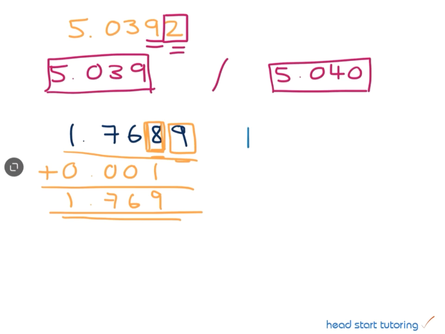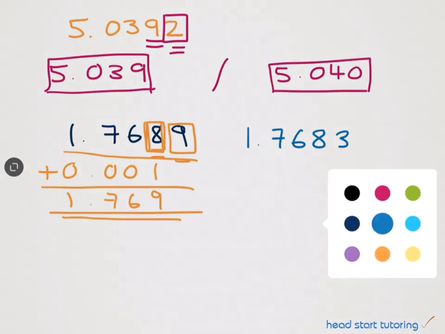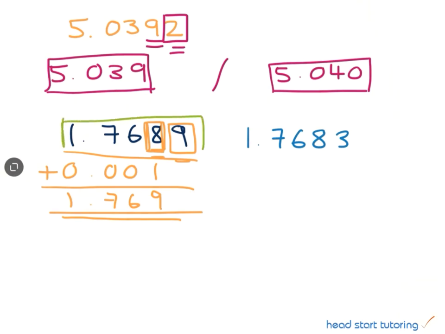So if we have a look at 1.7683, so it's very similar to this number that we were working with before, but now in our 10,000ths column we have 3 10,000ths. So again we are going to be rounding off to the nearest thousandth, but we have a look at our 10,000ths column to decide whether or not this number is going to stay as 8 or if it's going to become a 9.